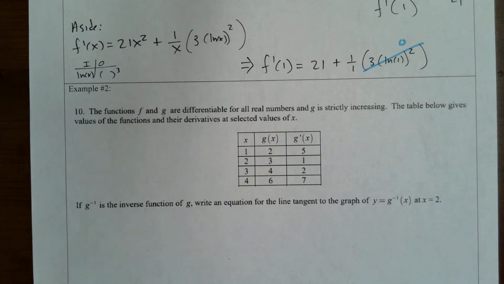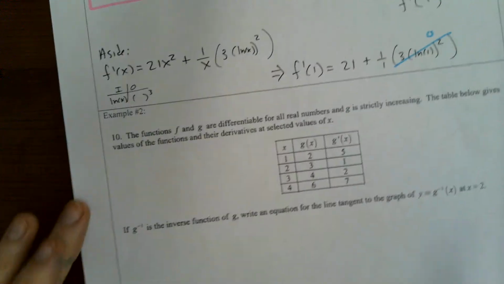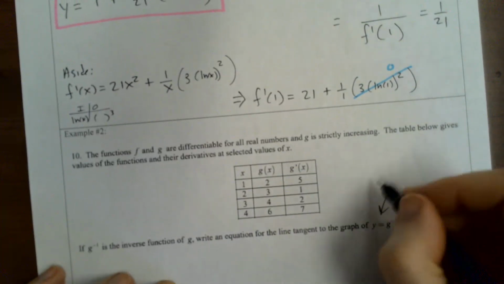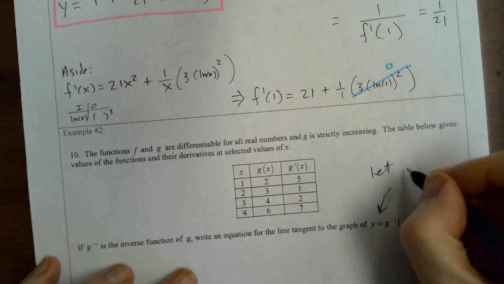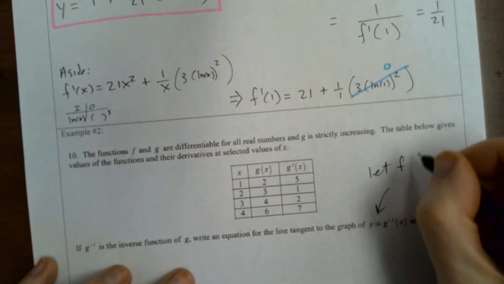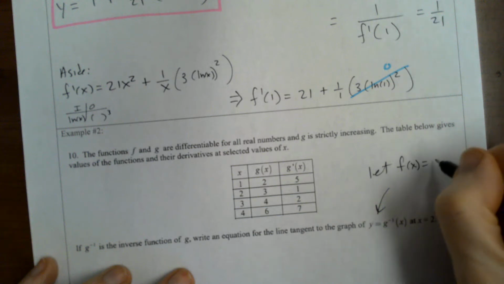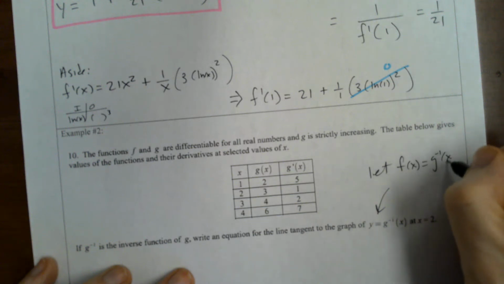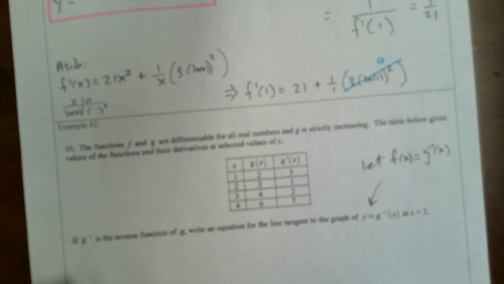Okay, now you know how before, we would let g equal f inverse? Well, maybe now we should let f equal g inverse. So I'll say, let f of x equal g inverse of x.